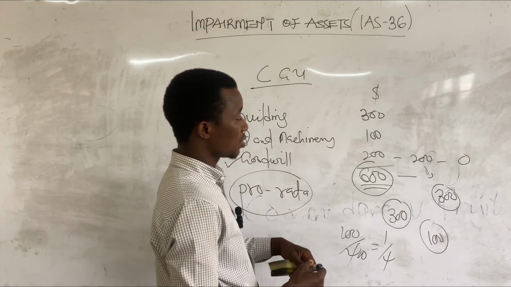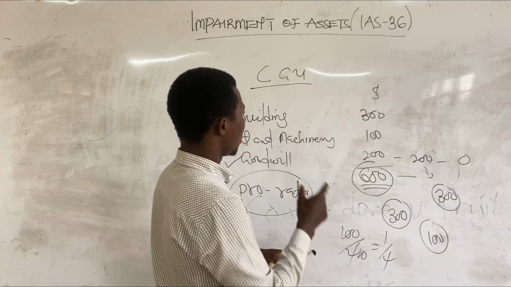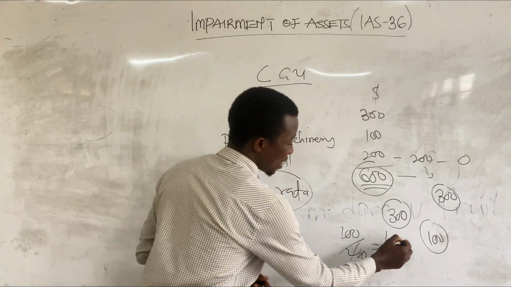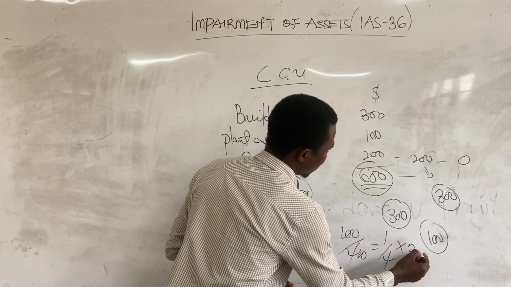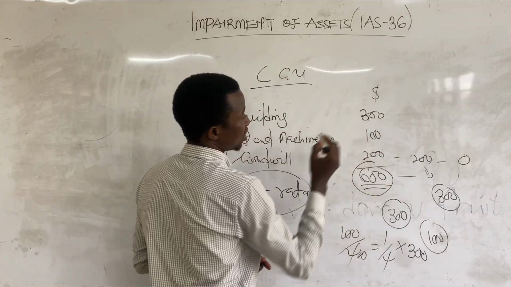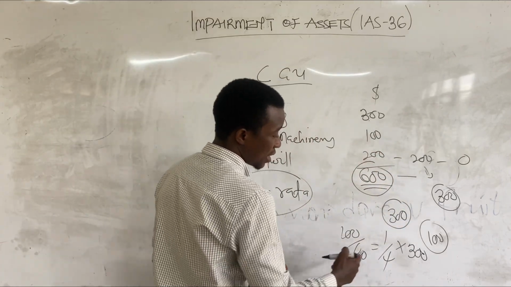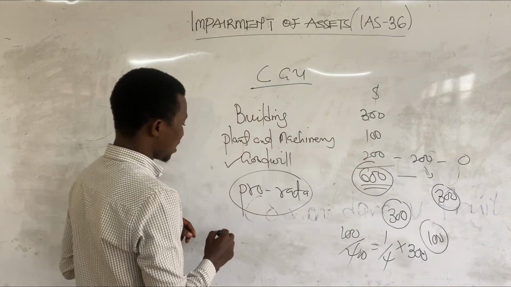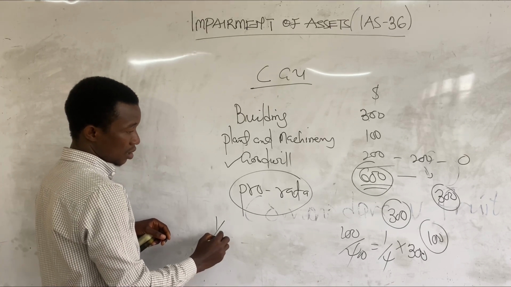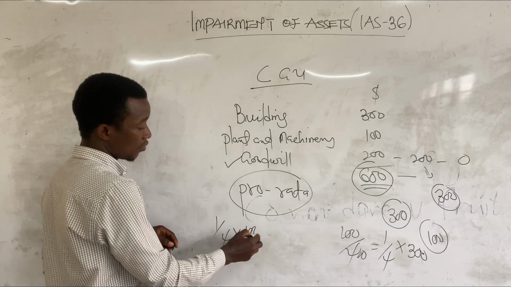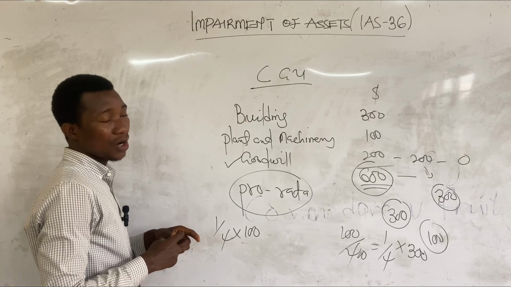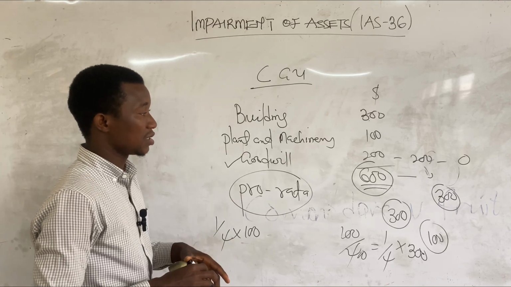So for us to get an impairment loss for building, we multiply the ratio by the 300, the initial carrying amount. To get the same for plant and machinery, we have 1/4 multiplied by 100. Is that okay? That is how we go by the pro rata basis.